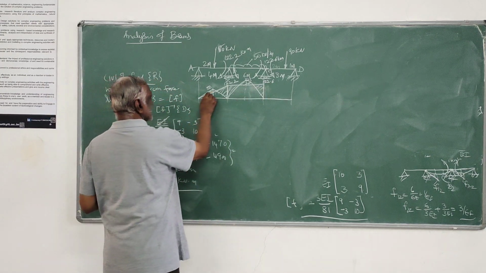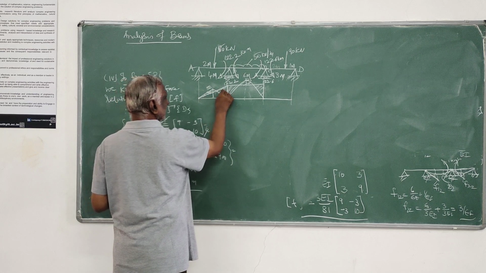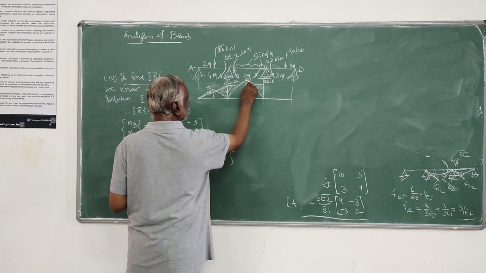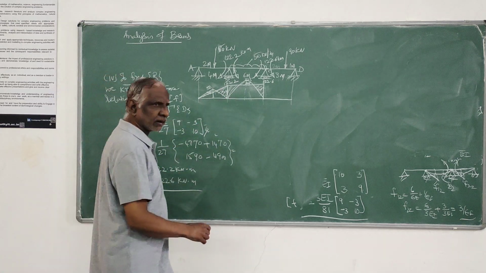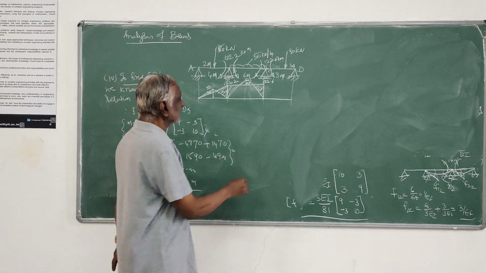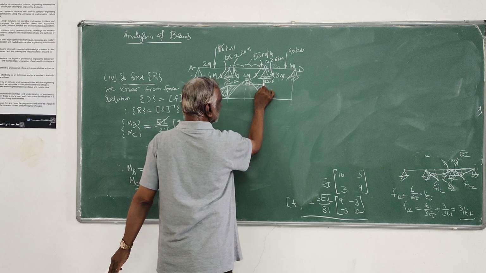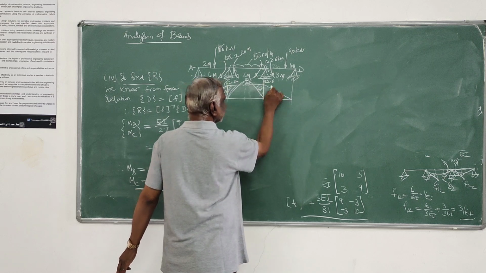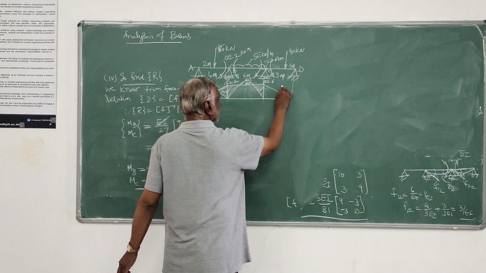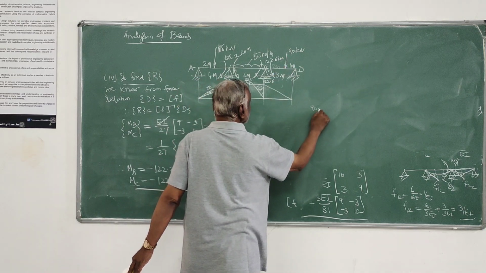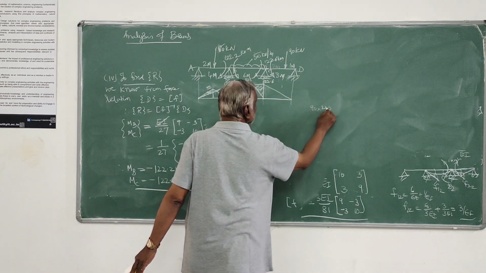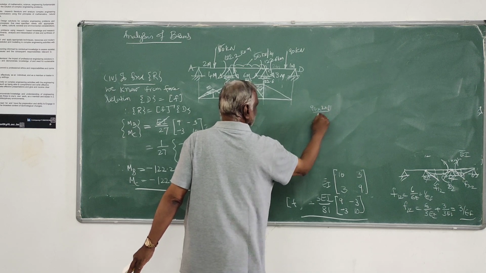So this is positive, negative, positive, negative. Then last is 0. Next, of course, here it is 0. You can join. This is the fixed moment diagram. On this superpose the free moment diagram, that is W a b divided by L, 60.